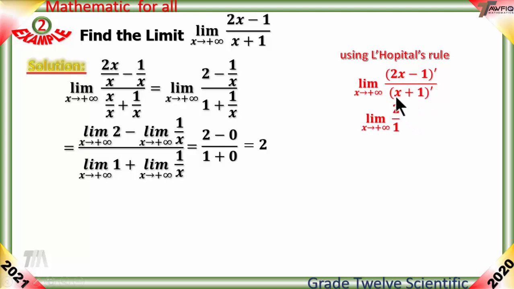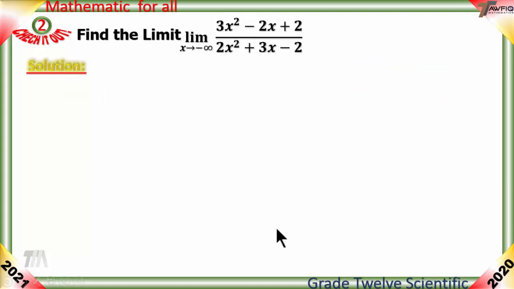At the denominator, the derivative of x is 1, and the derivative of 1 is 0, so the limit becomes 2 over 1, which equals 2. As you can see, it is the same answer.